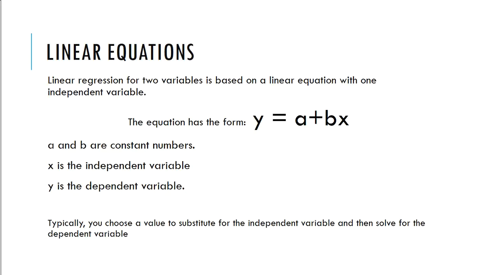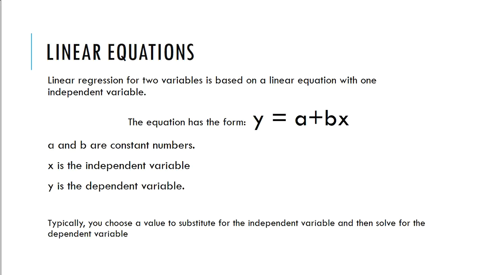So linear regression for two variables is based on a linear equation with one independent variable. You might remember this. This is the formula for a line. The equation for linear equations is y equals a plus bx, where a and b are constant numbers, x is the independent variable, and y is the dependent variable.